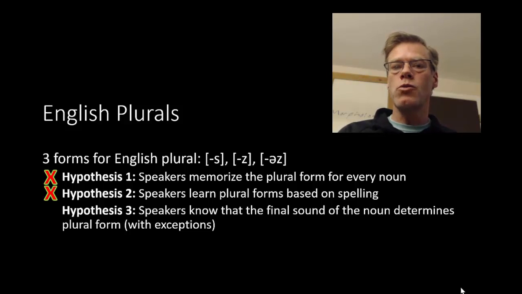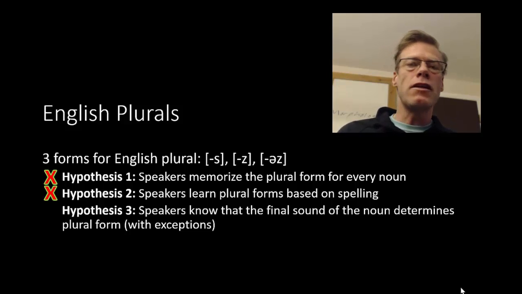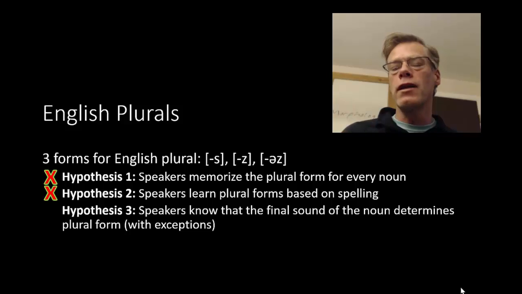The problem with this one is we would need a different rule for every possible ending of a noun. So we would have a different rule for ka and ga and ta and da and sa and sha and ra and ul. Every sound that can possibly end a noun, we would have to have a separate rule for that. So the number of rules is going to be huge.